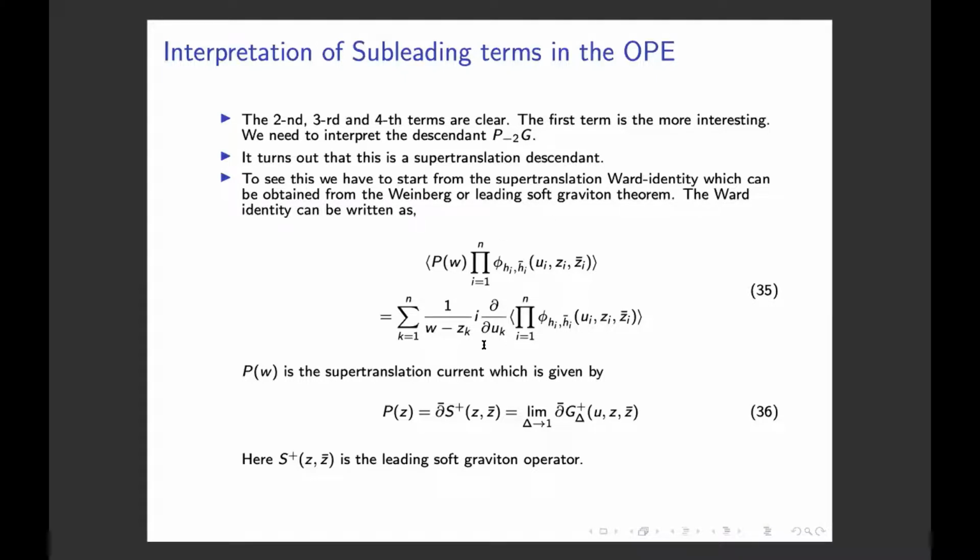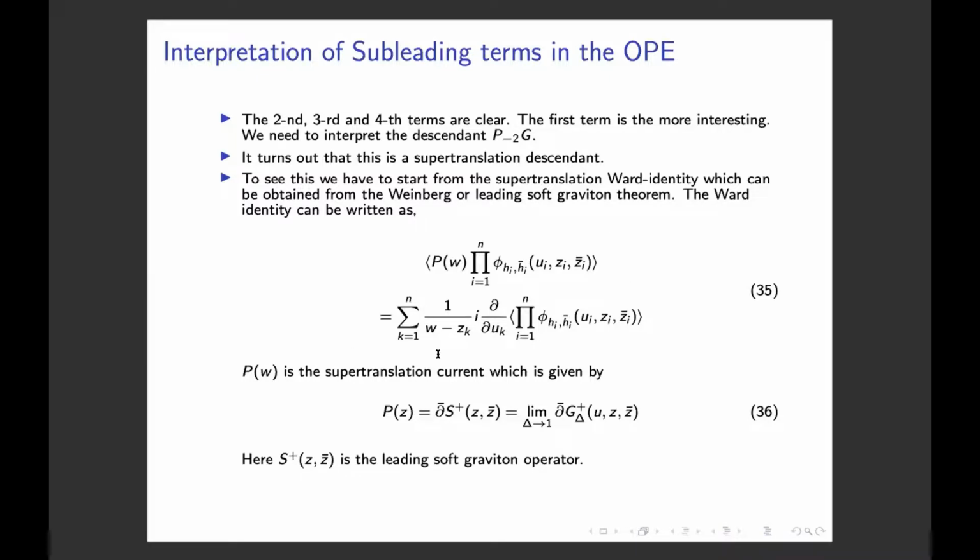So if you start from the soft theorem, then you can write the soft theorem in this form: this PW, which is the super translation coefficient, multiplying this phi is just given by this form, this 1 over W minus ZK times I del UK acting on this, where PZ is given by del bar of S plus ZZ bar, where S plus is the positive helicity leading soft graviton.